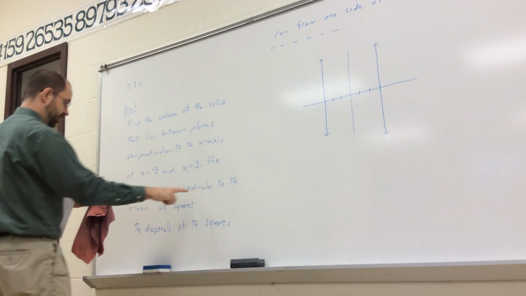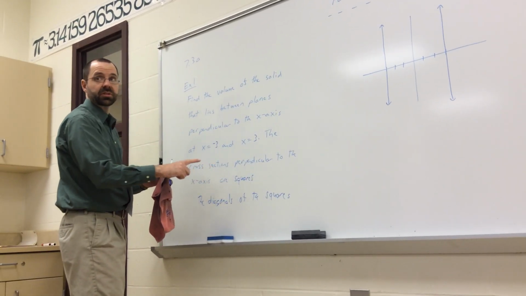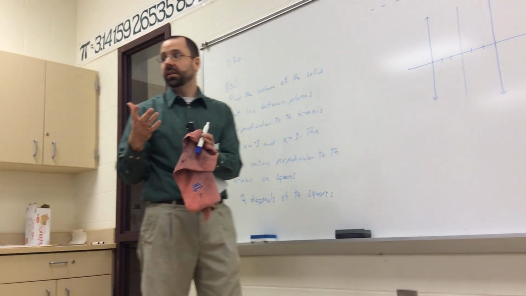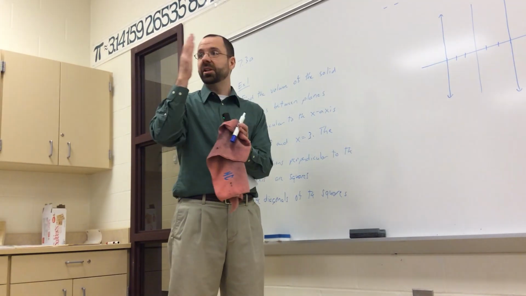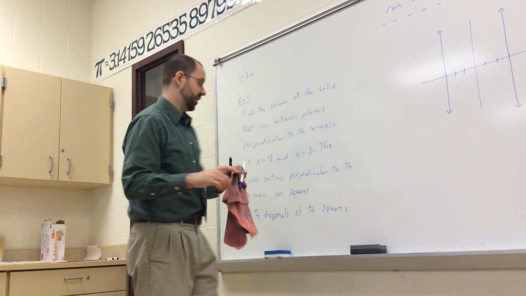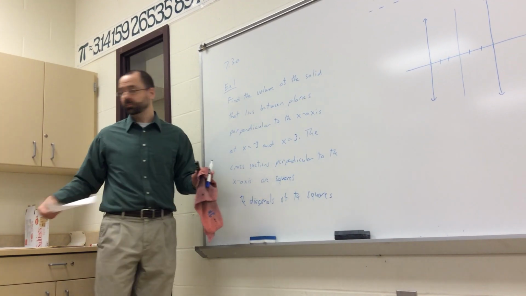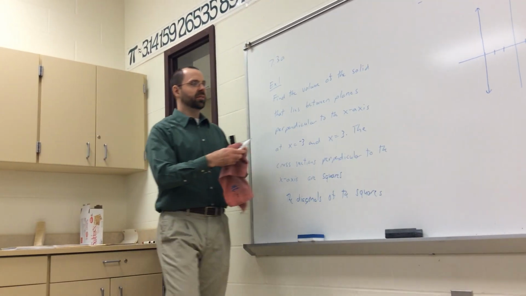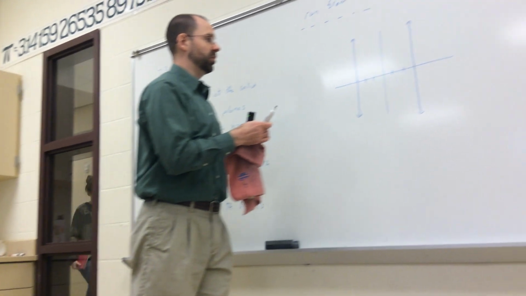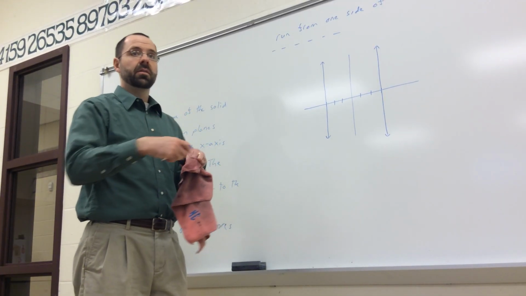The cross sections are squares, not circles. So this is the change for today. When we cut the watermelon, when we cut the cantaloupe, the cross sections were circular. So now today the cross sections are squares. Like I said, I don't know what this 3D figure looks like, and it doesn't matter. We don't need to picture it.